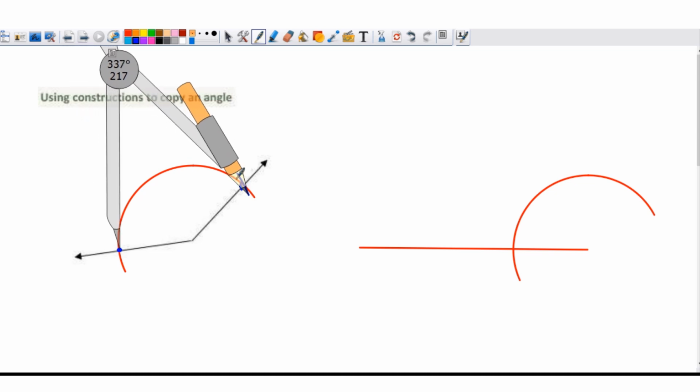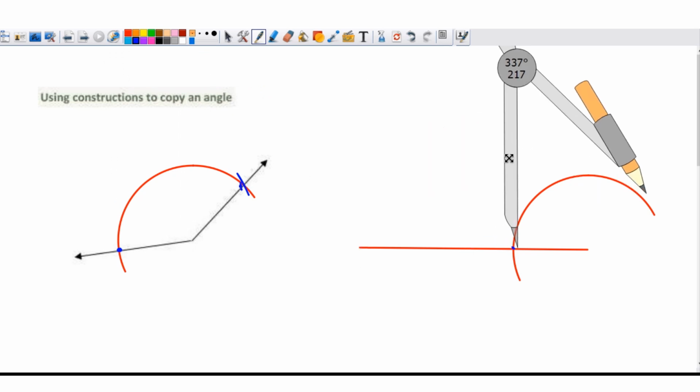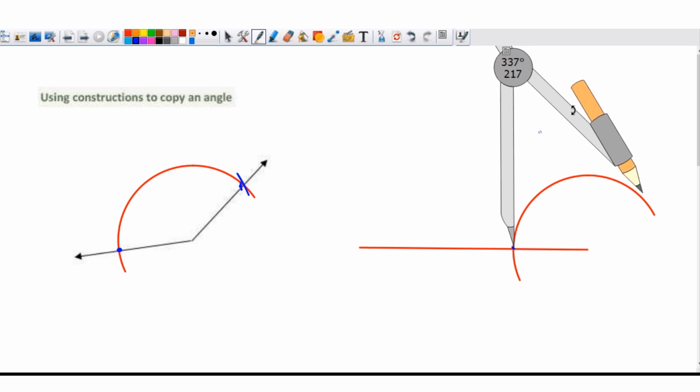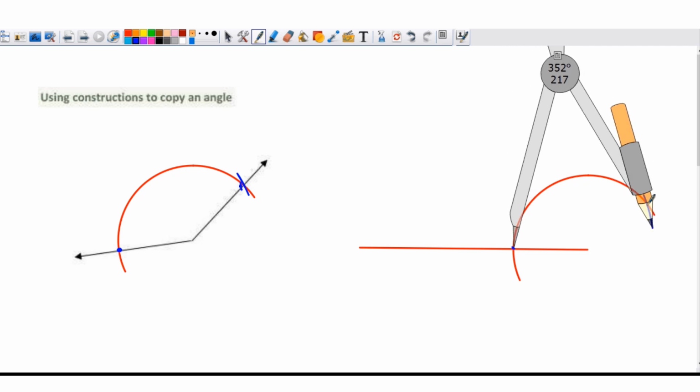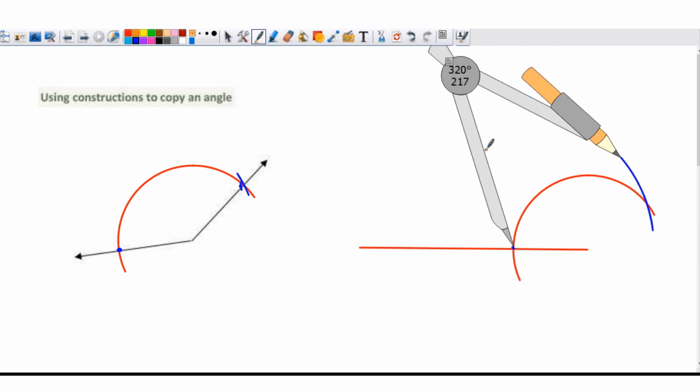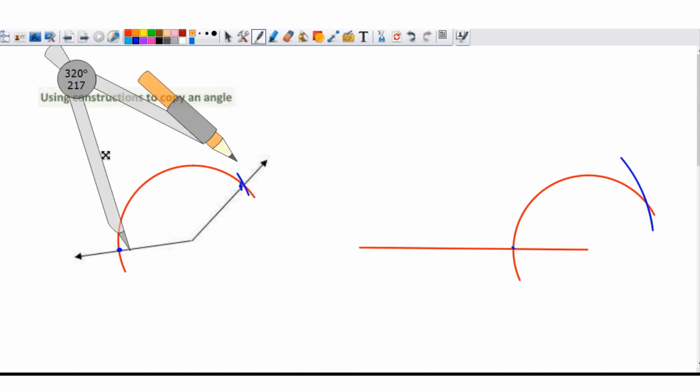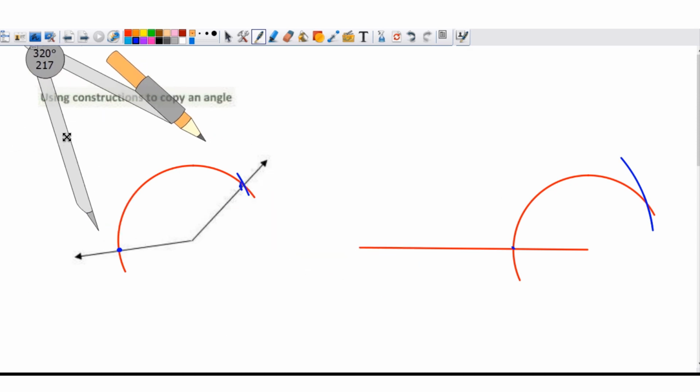Okay, so now we're going to take our compass, move it over to this intersection point, and mark where these two intersect.